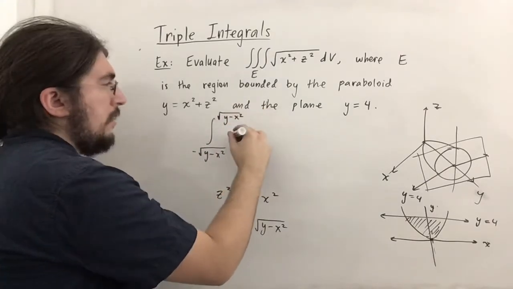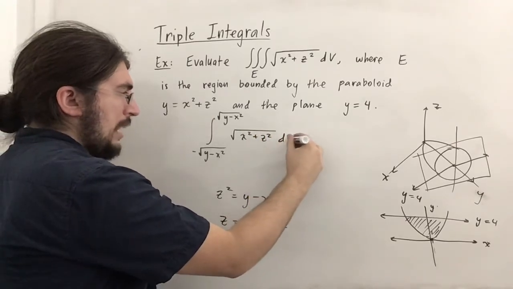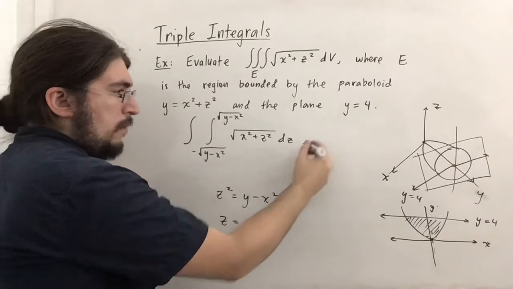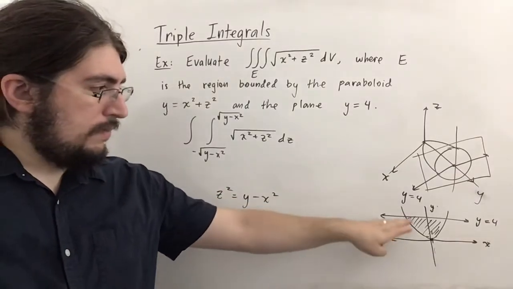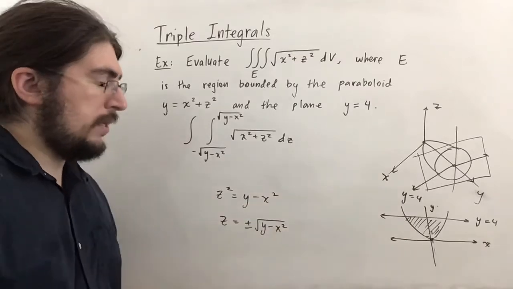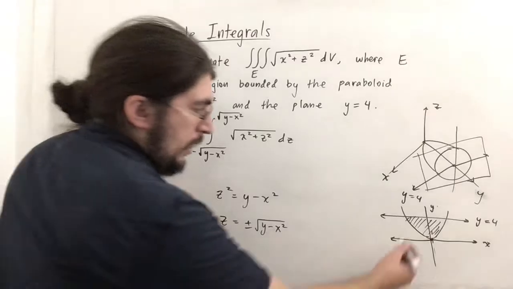Okay. Now the integrand is still the square root of x squared plus z squared. But now we're going to tackle dz first, then integrate with respect to, well, now when it comes to this region D for the double integral, notice this is type 1. X is in between what and what?